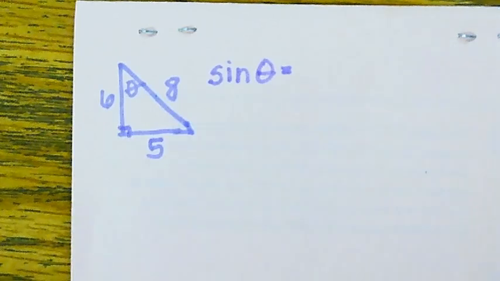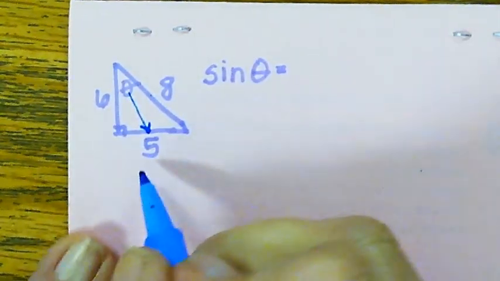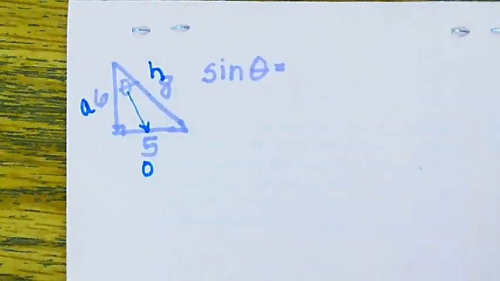If we look back on the other side, it's opposite over hypotenuse. So if theta's here, which side is the opposite? What number? It would be the 5. And then the hypotenuse is the 8. And then the adjacent is the 6. And I normally just go around and label them: O for opposite, H for hypotenuse, and A for adjacent.